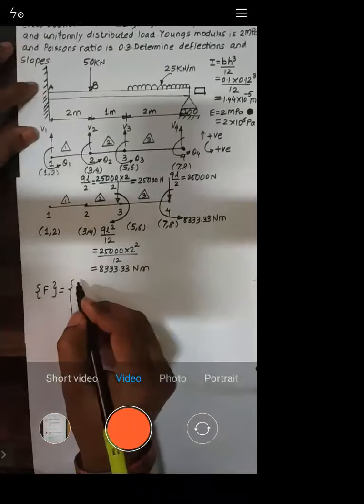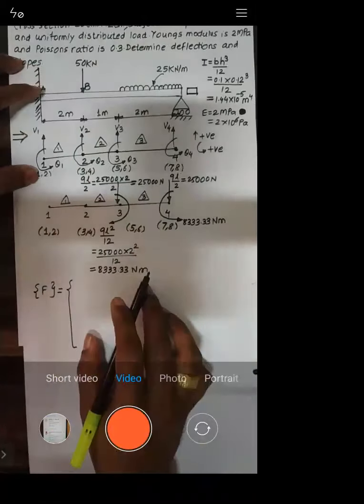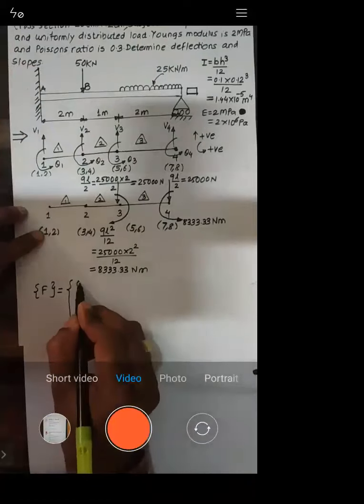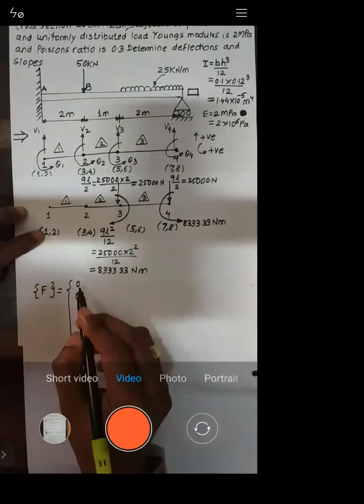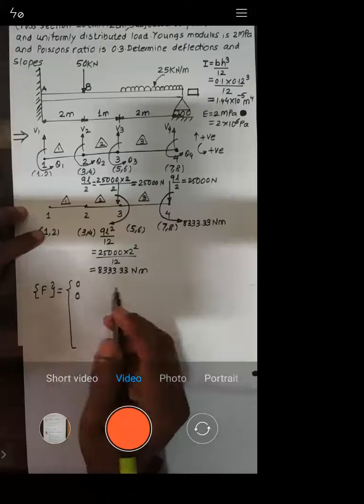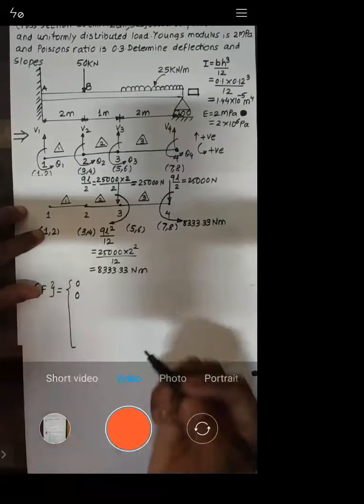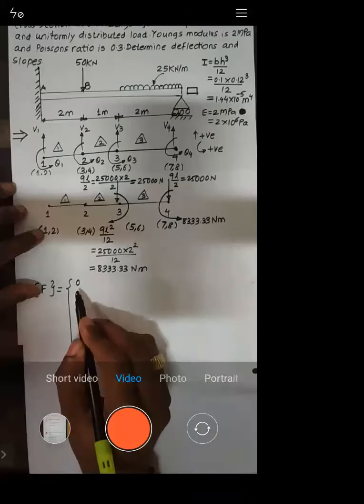Is there any uniformly distributed load on element 1 or 2? No, sir. So there is no load. That's why I'm taking 0 here. There is no moment. That's why I'm taking 0 here. This is for node number 1. These initial two rows are for node number 1, where the first row is for force and the second row is for moment.